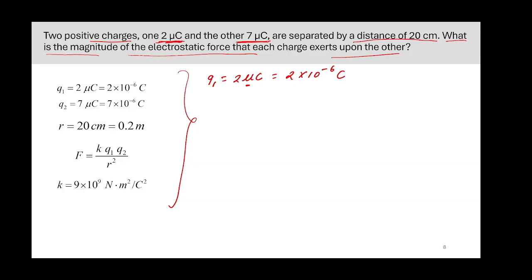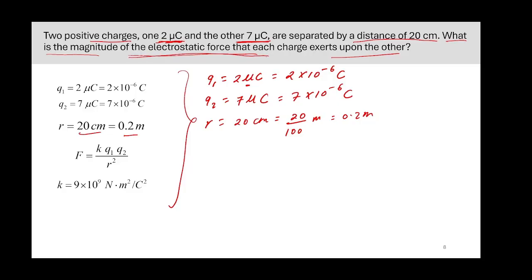And then the second charge, Q2, is 7 microcoulomb, and we need to convert it into coulomb as well. And the distance is given in centimeter, and we need to convert it into meter. In order to convert it, we know 100 centimeter is 1 meter. So this is 0.2 meter.